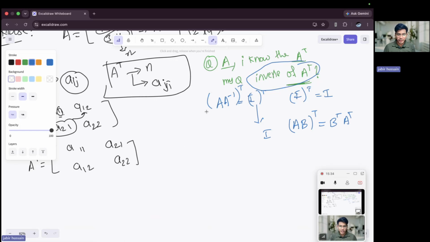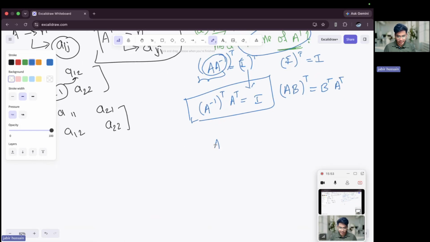So here, if I put a transpose on this entire thing, then the resultant would be A inverse transpose and A transpose is equal to this. Now I want you to observe this equation. You will realize that A inverse transpose times A transpose is equal to I, right? So can I tell that the inverse of A transpose is this?